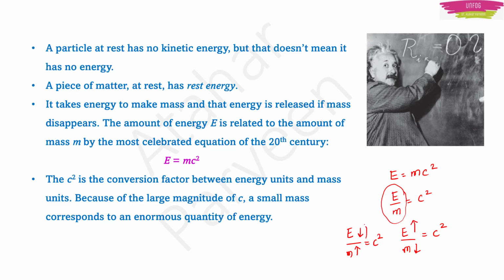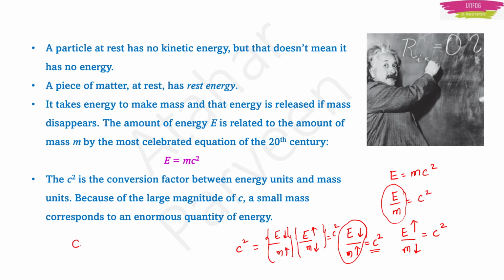So totally together E by m should become c square. For that, if E is increasing, m should decrease, or if E is decreasing, m should increase. Only in this scenario can I equate E by m is equal to c square. Correct?